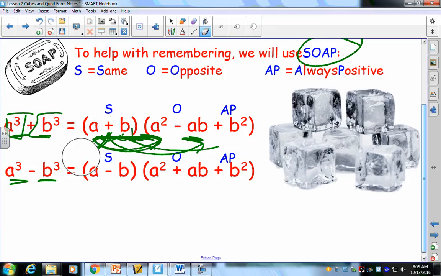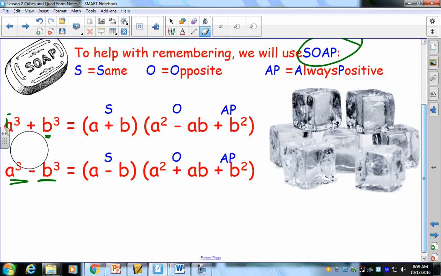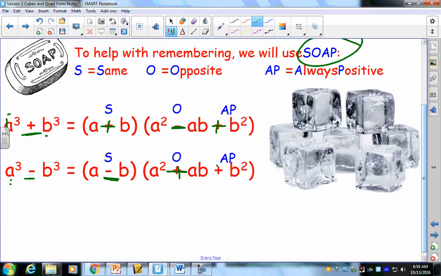Same, opposite, always positive. Since this is a sum of perfect cubes, same sign, plus, the opposite, a minus, always positive. SOAP. When the problem has a minus, same sign, opposite, always positive.